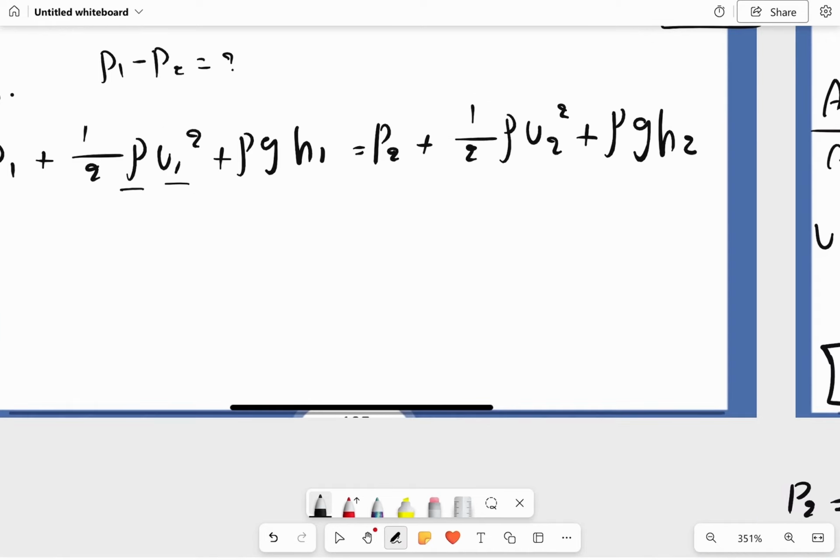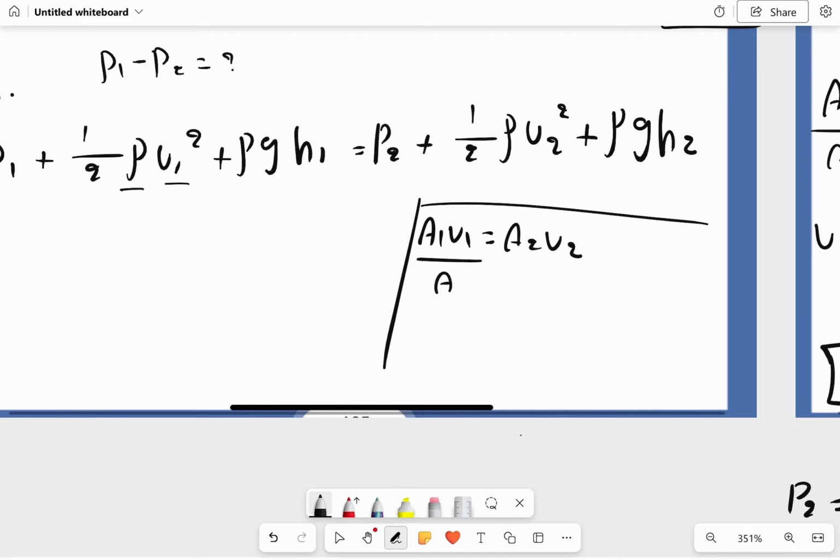Let's find the first velocity. The first velocity is equal to what? A1 V1 is equal to A2 V2. You need to find V1, so divide this one by A1 and divide this one by A1. A1 cancels. V1 is equal to A2 multiplied by V2 divided by A1.